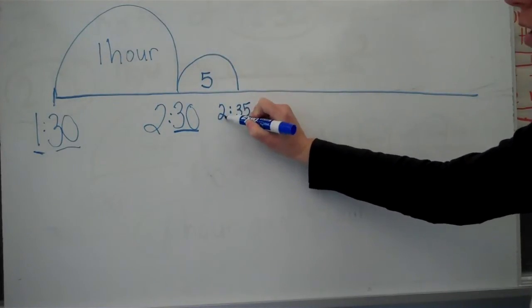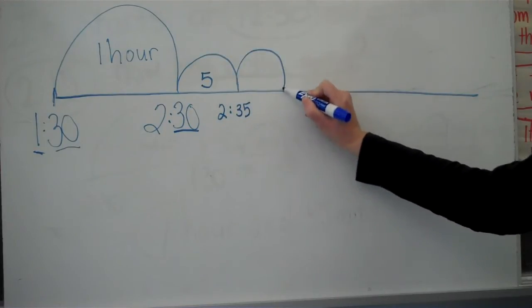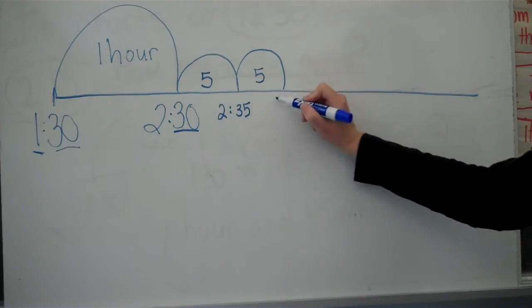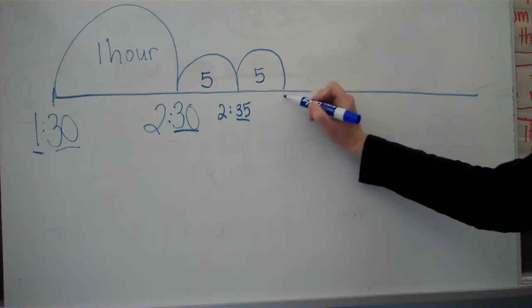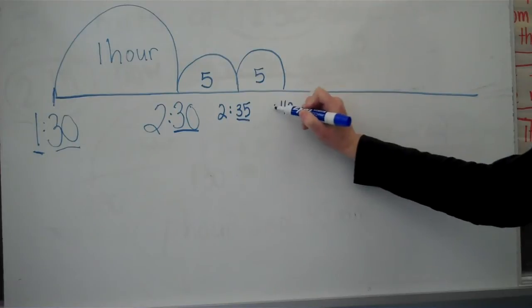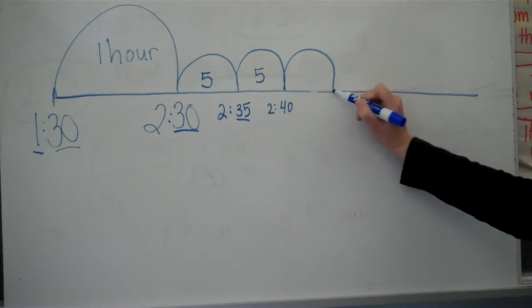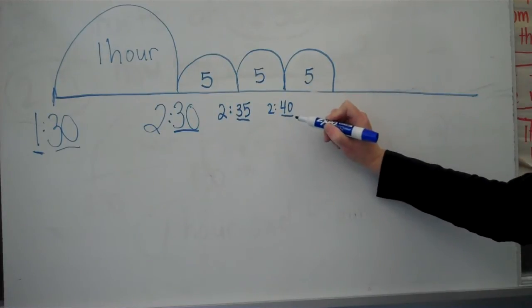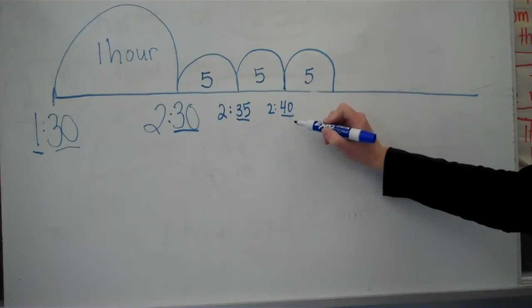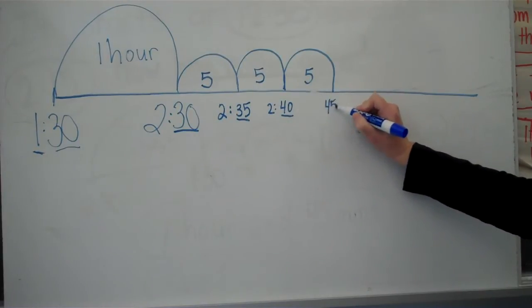I'm still in the 2 o'clock hour. I'm not to 3:15. I'm going to hop 5 more minutes. 5, 10, 15, 20, 25, 30, 35, 40. It's 2:40. I'm going to hop 5 more minutes. I'm at 40. So I'm going to count 5, 10, 15, 20, 25, 30, 35, 40, 45.